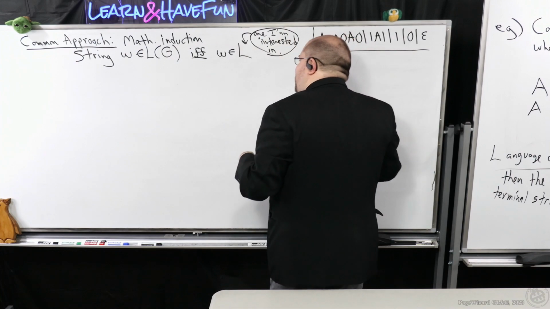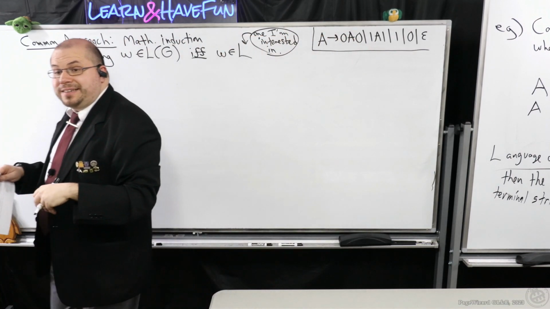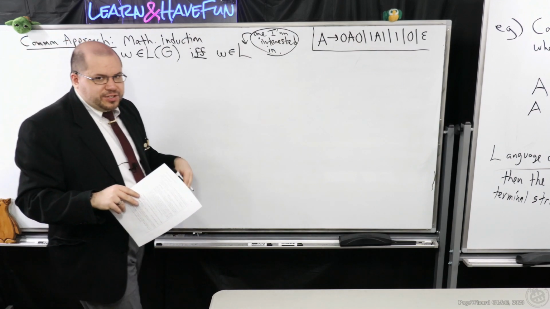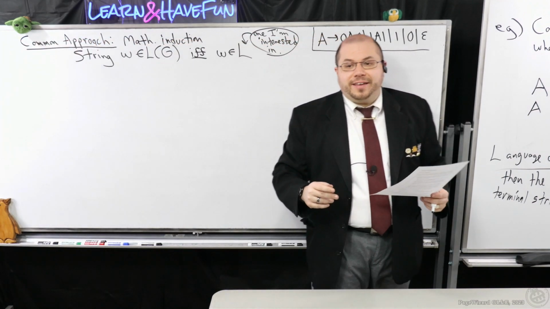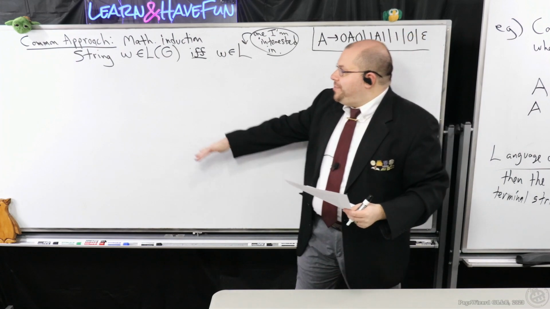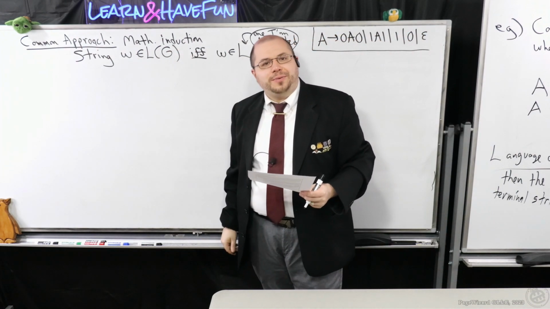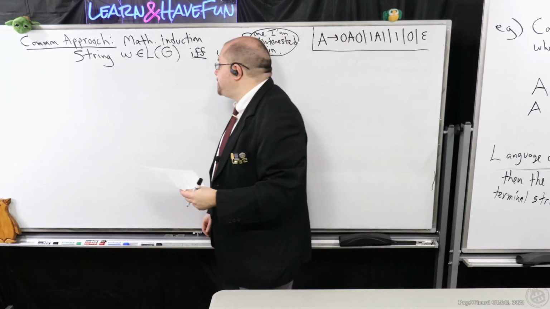I want to show that this relationship exists. There are two parts, or two directions, to such a proof, because it's an if and only if claim. Remember, if this is true, that has to be true. If this is false, then that has to be false. That's what if and only if means.